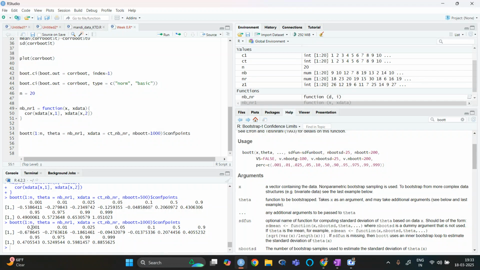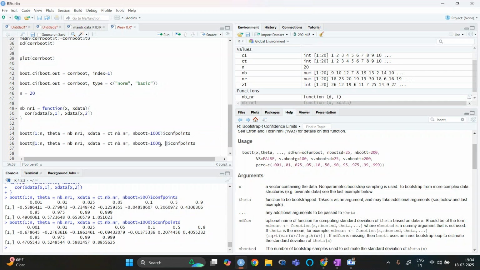So here you can see its percentile. It is 0.001, 0.01, 0.25. If you want the 95 percentile, it will be 0.025 to 0.975.